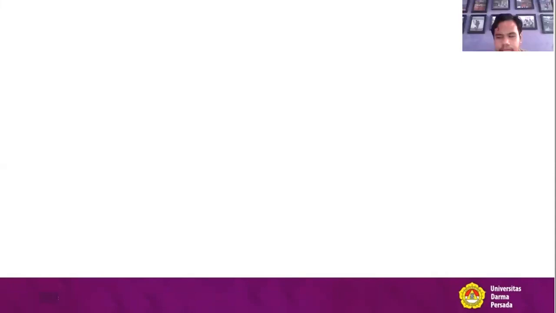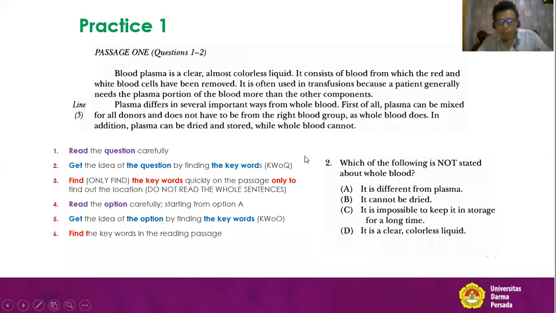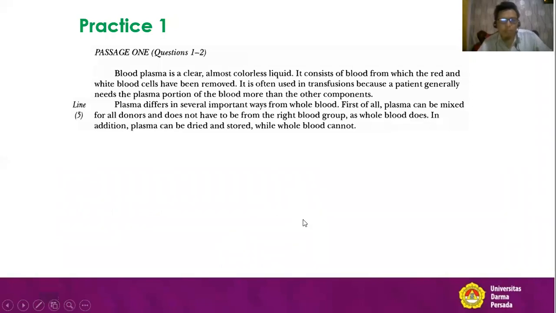Terjawab ya. Ya, Pak. Especially, apalagi kamu tadi lihat, this is question number 2, right? And this is question number 1.